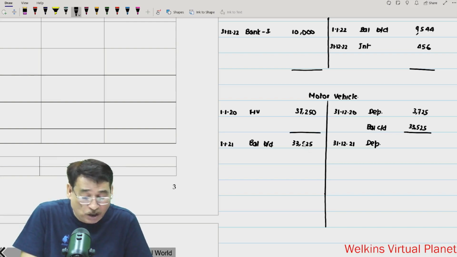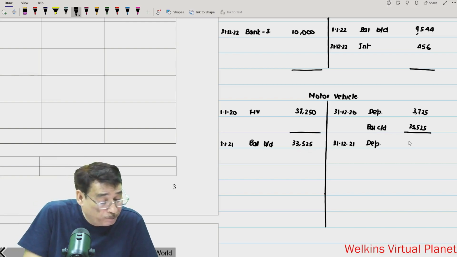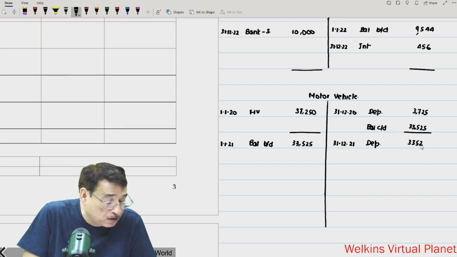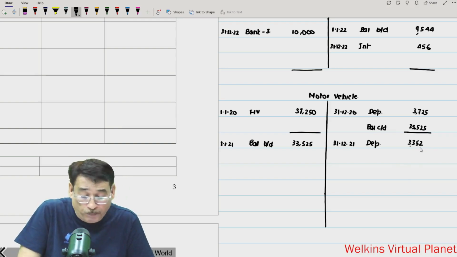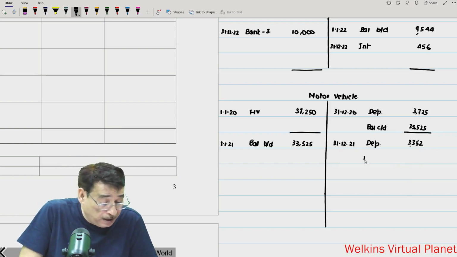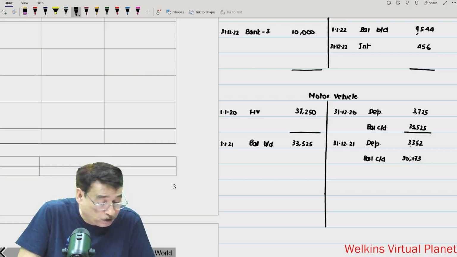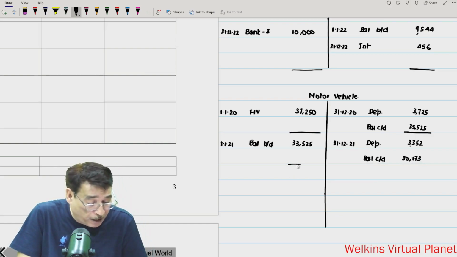So now I will charge 10% of this amount. Approximately that will be equal to 3352. Otherwise, I will have to write 3352.5. So I appropriated it. Then again, I will simply write balance carried down, that is 30,173. This is a mere formality, to be very honest with you, as far as preparation of asset account is concerned.